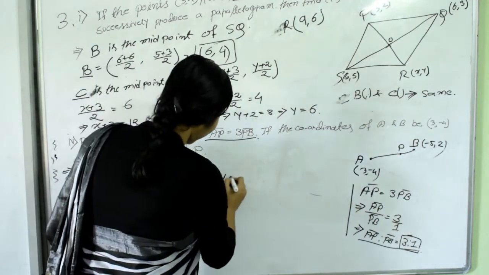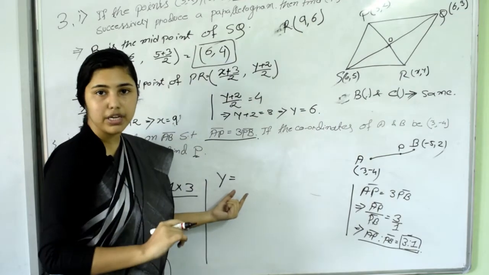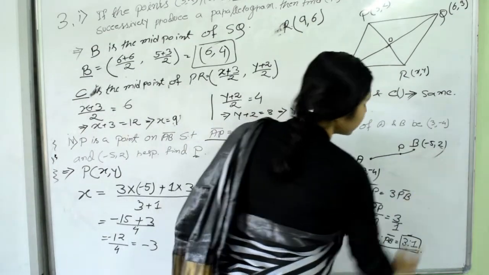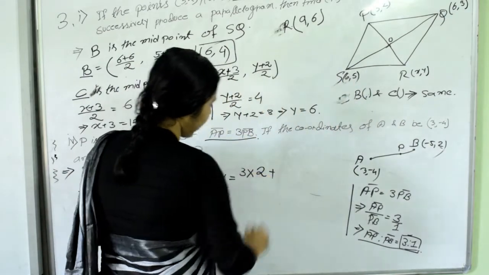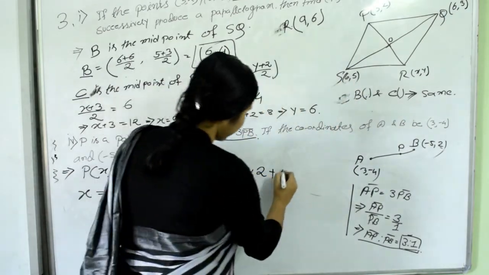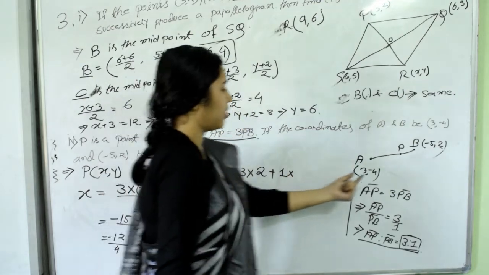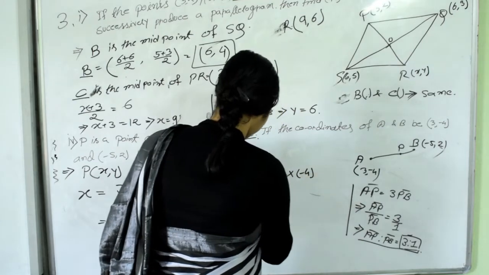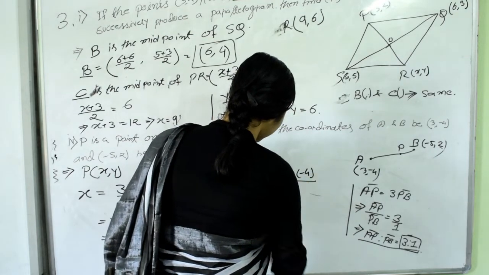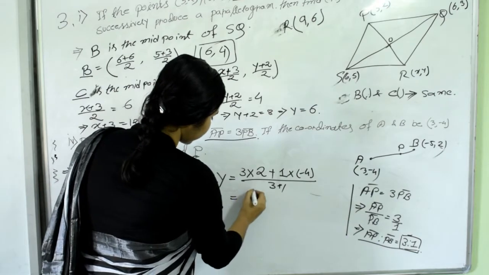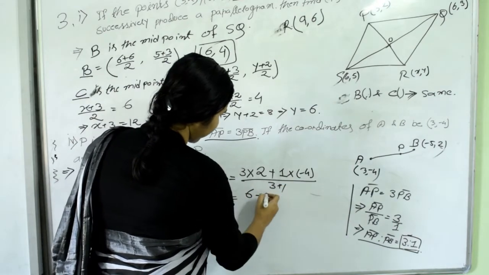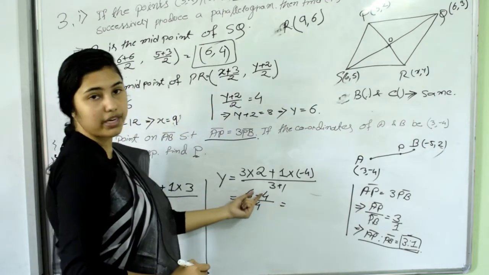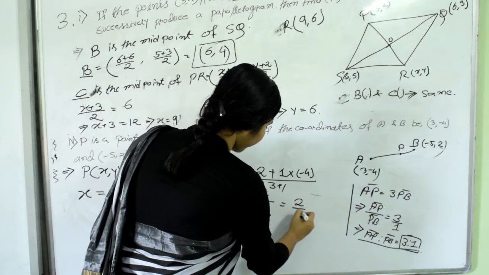And also y equals again m into y2, so m into y2 is 2, plus n into y1. Here the value of y1 is minus 4, by again m plus n. Now 3 2s are 6 minus 4 1s are minus 4, by 4, which equals 6 minus 4, 2 by 4.